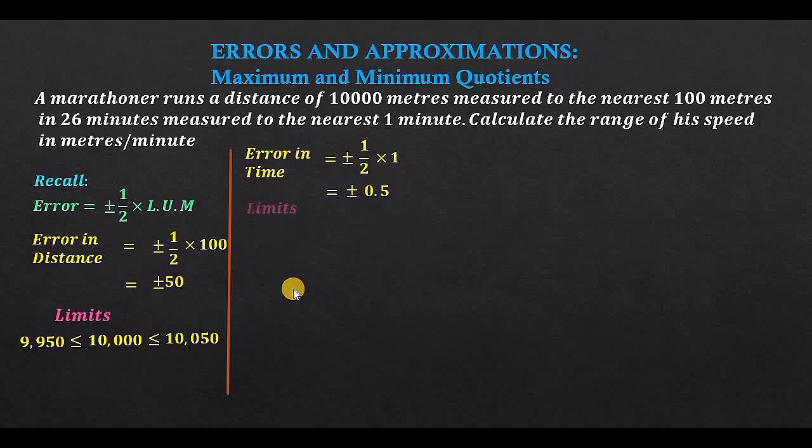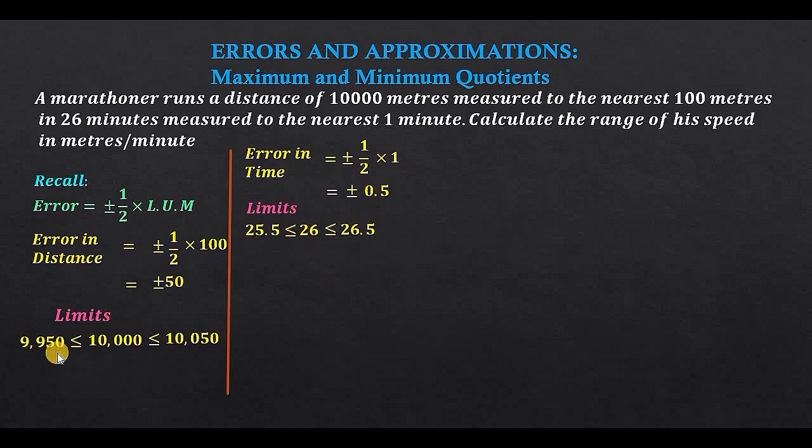So given time as 26 minutes, we can get the lower limit by subtracting 0.5. That gives us 25.5. 26 minus 0.5 is 25.5. And then the upper limit is 26 plus 0.5, and that gives us 26.5.